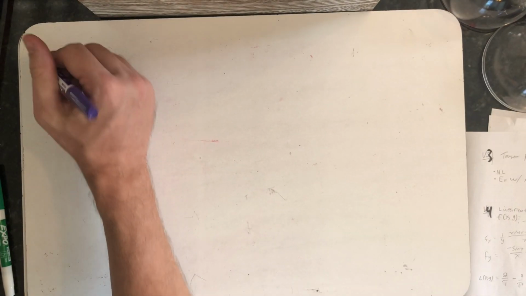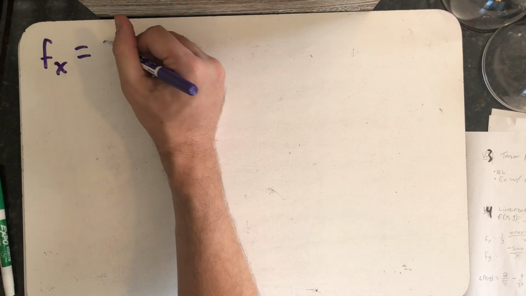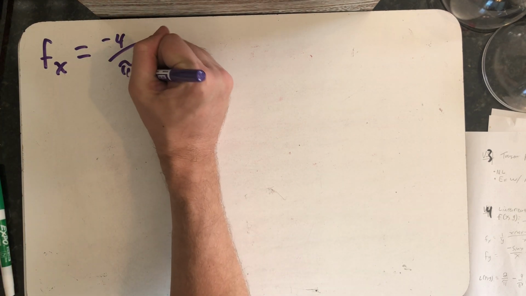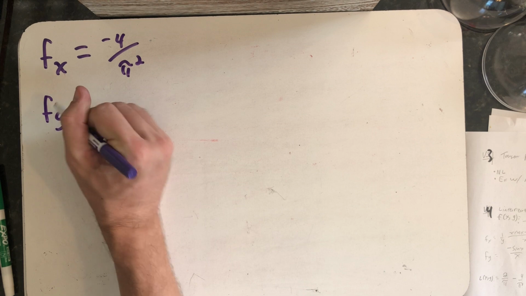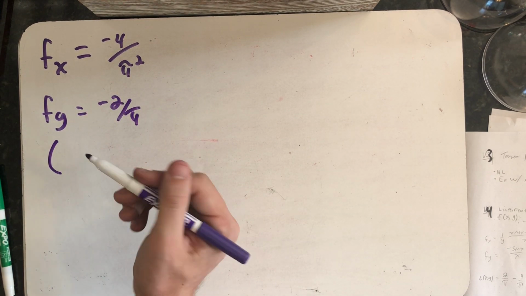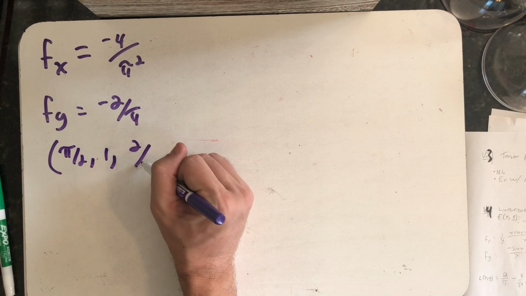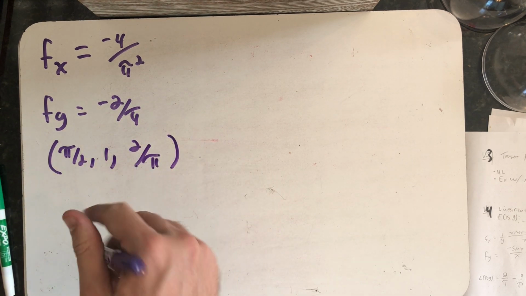Let me just write down some things. For the point we're worried about, the partial with respect to x is minus 4 over pi squared. The partial with respect to y is minus 2 over pi. And now the point in space I'm worried about is pi halves comma 1 comma 2 over pi, because that's my z naught.